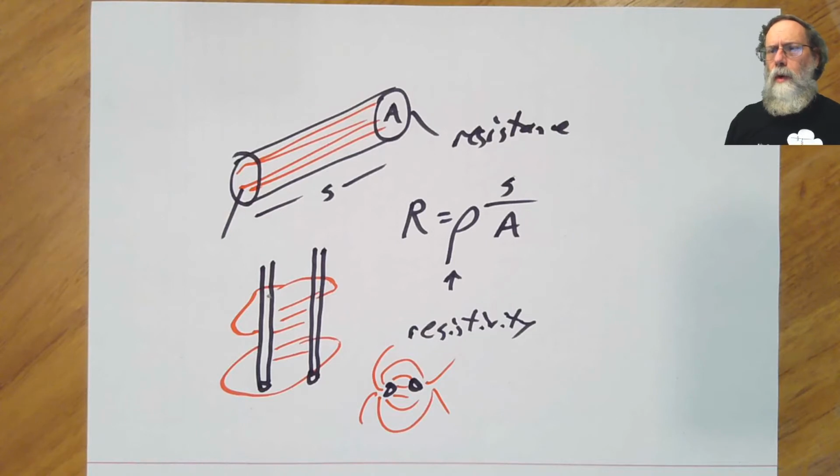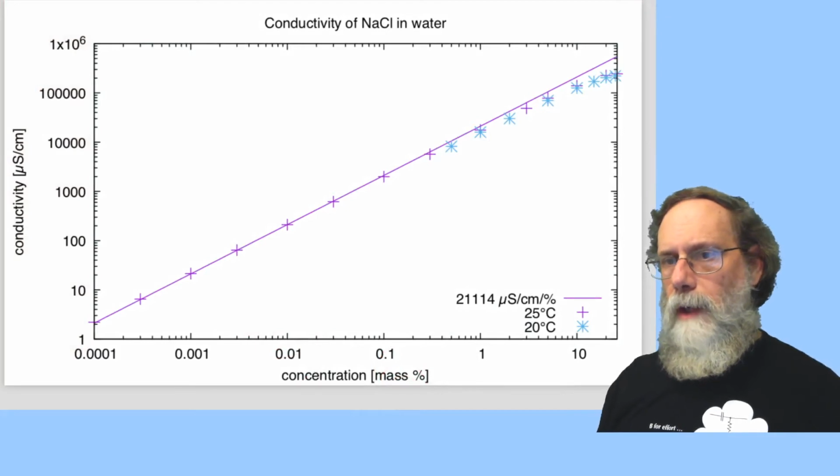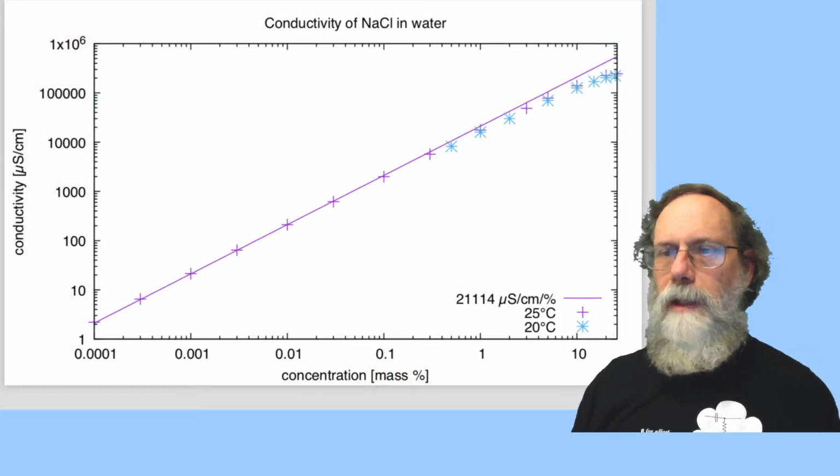Okay, so what are we going to be measuring? Well, what we're going to be measuring is salinity of a solution, or we'll be measuring that indirectly. More directly, what we'll be measuring is the conductivity of a solution. And let's take a look at what that means. Here I've plotted some reported measurements from the literature.